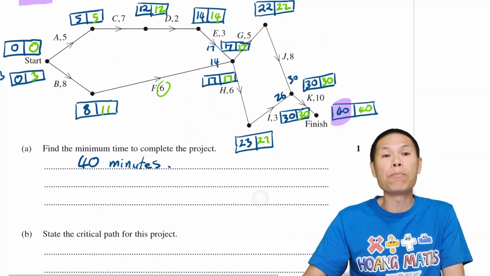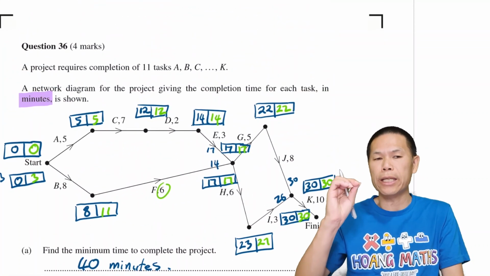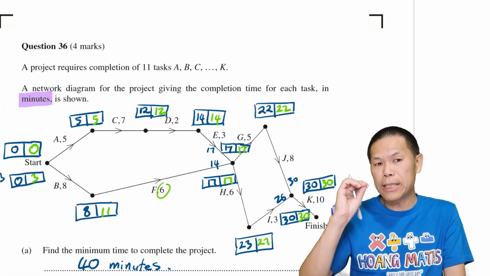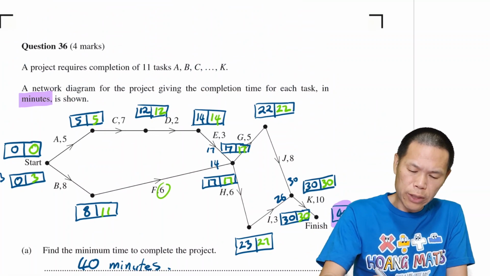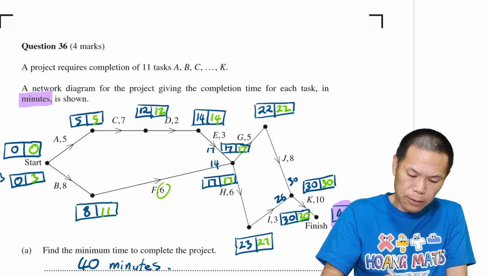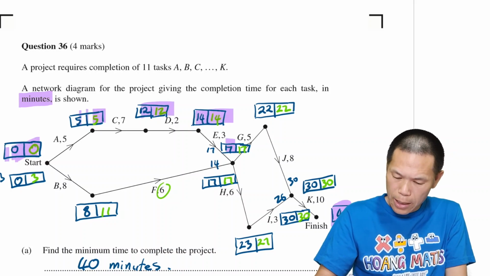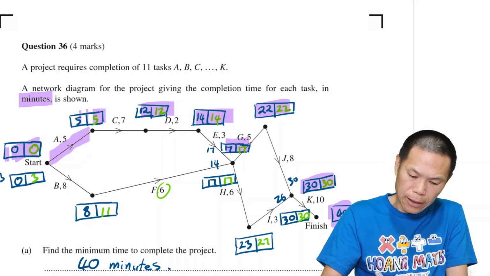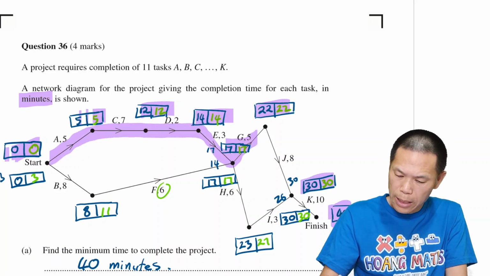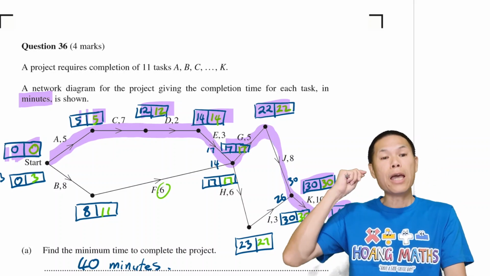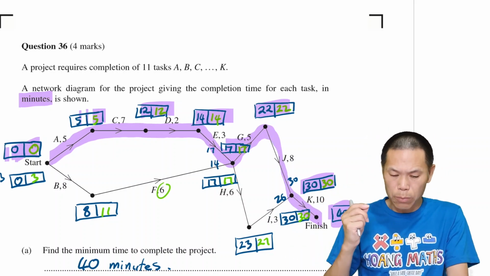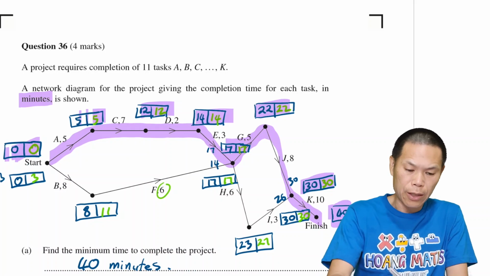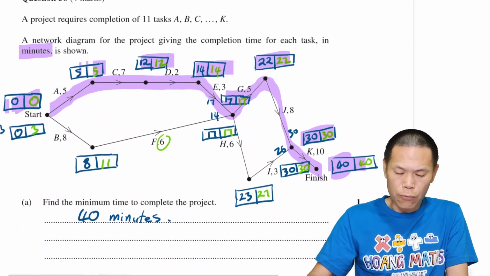The critical path for the project is where the floating time is 0. We have the floating time 0 here, here, here, and here, followed by this. So the path is here. This is the critical path. There is no floating time.